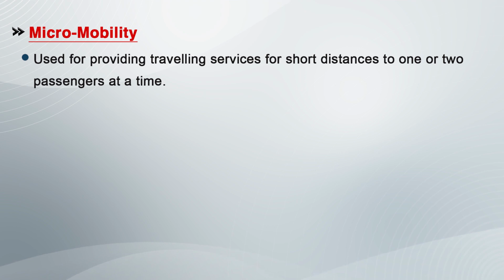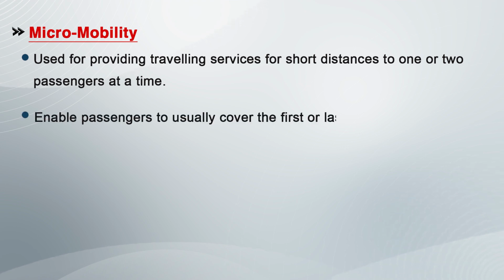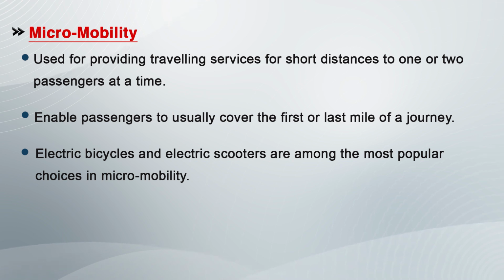Micromobility is used for providing travel services over short distances to one or two passengers at a time. It will enable passengers to usually cover the first or last mile of a journey. Electric bicycles and electric scooters are among the most popular choices in micromobility as they are easy to use and act as an alternative to public transport.